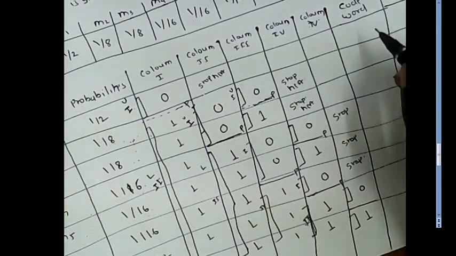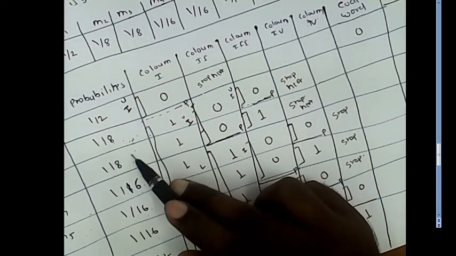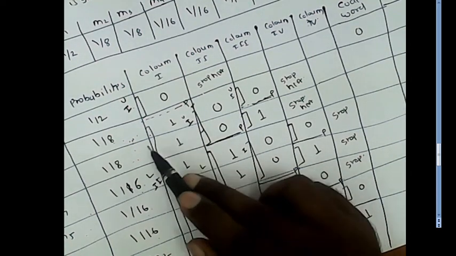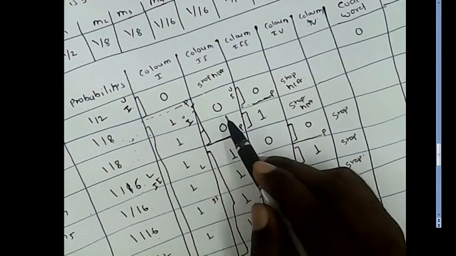The message with probability 1/2 has the code 0. The message M2 with probability 1/8 has code 100. Similarly, the third message has 101. The fourth message, with probability 1/16, has 1100.